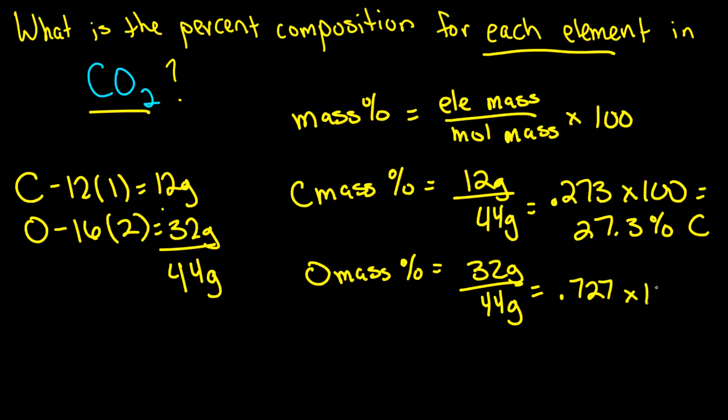Now multiply that by 100 and I get 72.7% for oxygen. Now we can add those together to just check our work. 72.7 plus that 27.3 makes it 100%. So it looks like we are good.